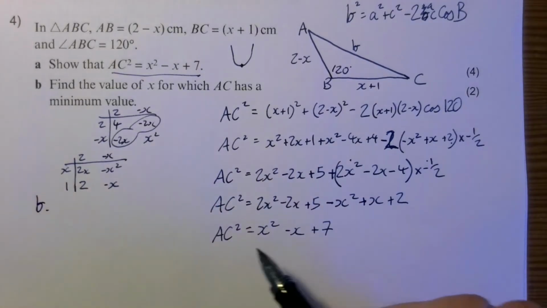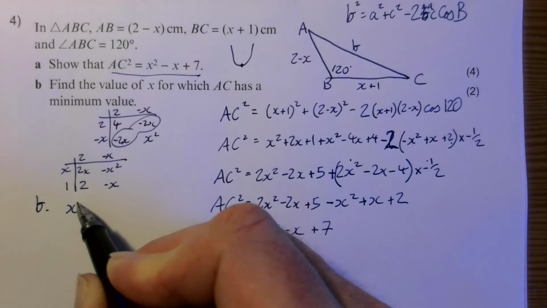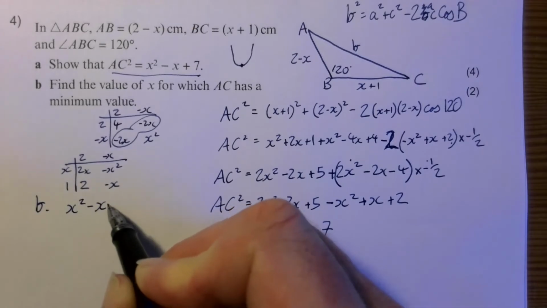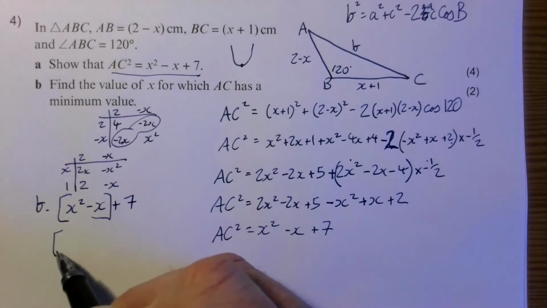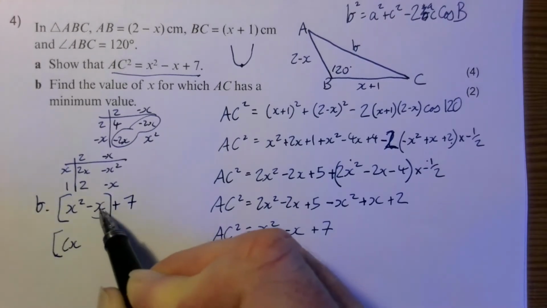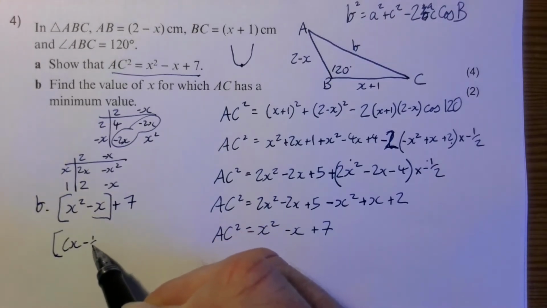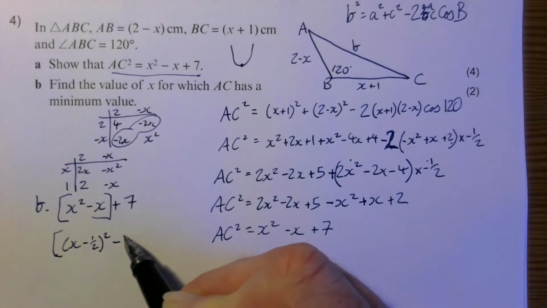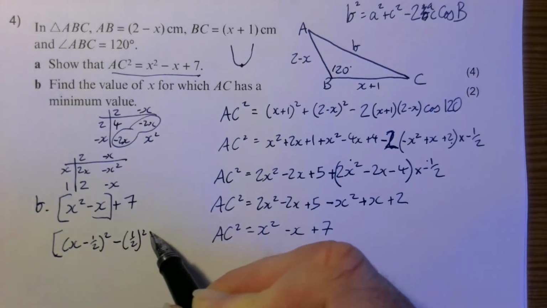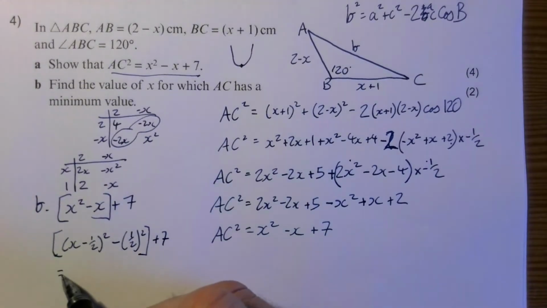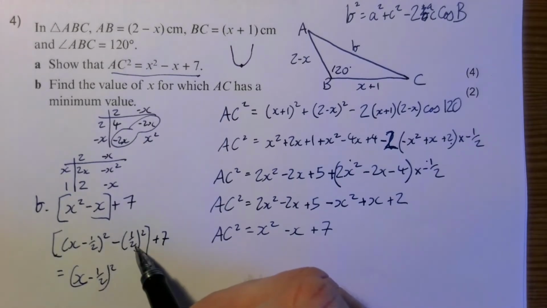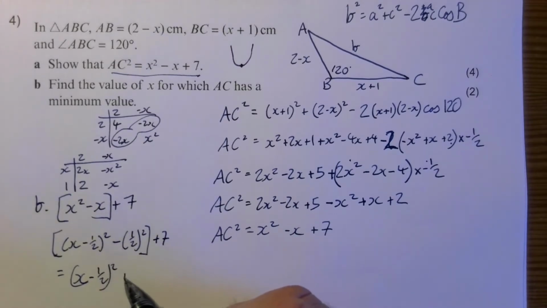So for part B, x squared minus x plus 7, and I'm looking at that bit first to say, right, that's 1, isn't it? So minus a half squared, take, we're going to have to square a half and then add 7. So what does that give me? X minus a half squared, take a quarter, plus 7 would be plus 6 and 3/4.